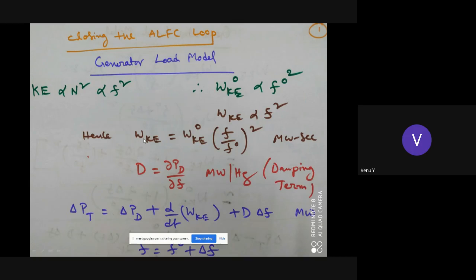Therefore, in the next equation, you will get Wke equals Wke naught, the kinetic energy stored at rated frequency or rated speed, into f by f naught whole square. F is the frequency at a particular load, f naught is the no load frequency or rated frequency. The unit is megawatt seconds.